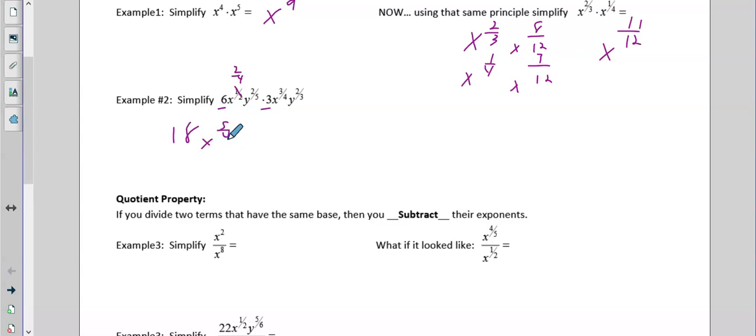And then 2/5 and 2/3, you can change it right there. If you want to go off to the side, you can even just do the fractions and not have to worry about the exponents. And that's going to be 15. 5 times 3, 2 times 3, 3 times 5, 2 times 5, and that's going to be y to the 16/15.